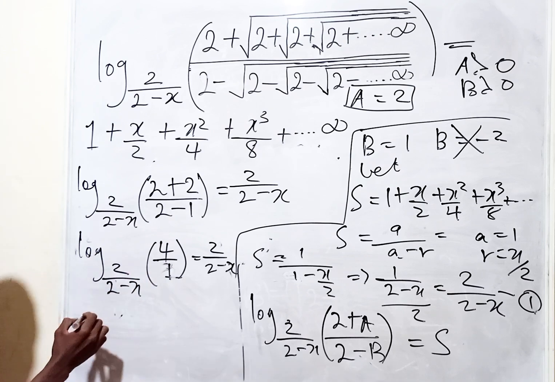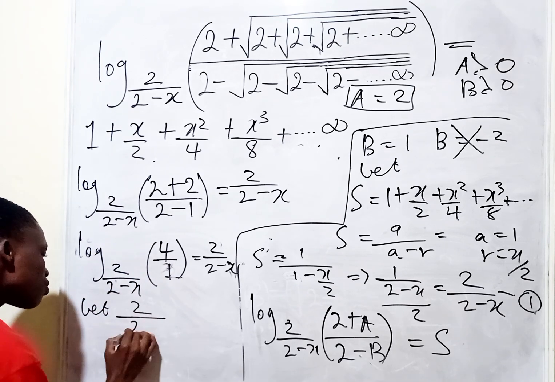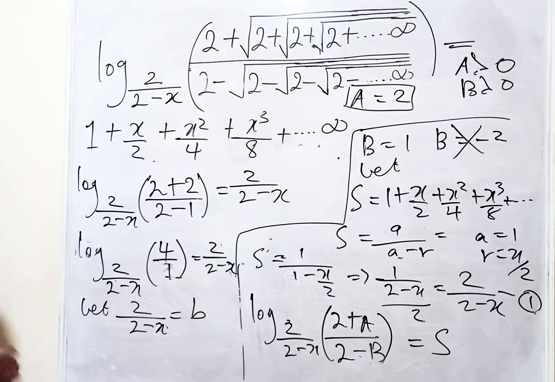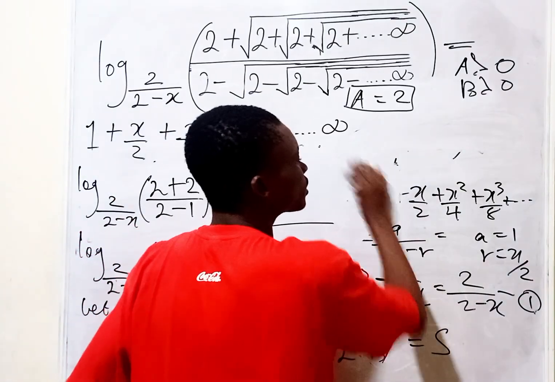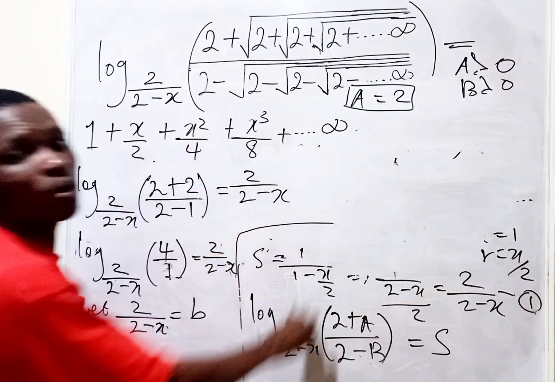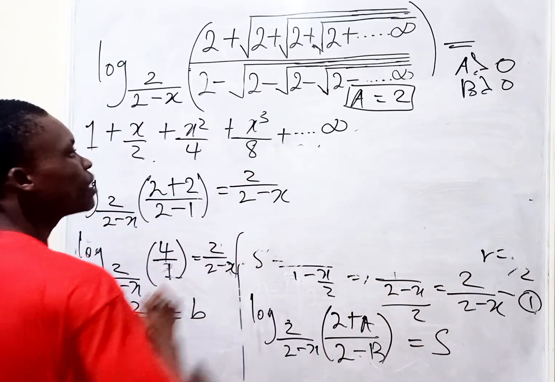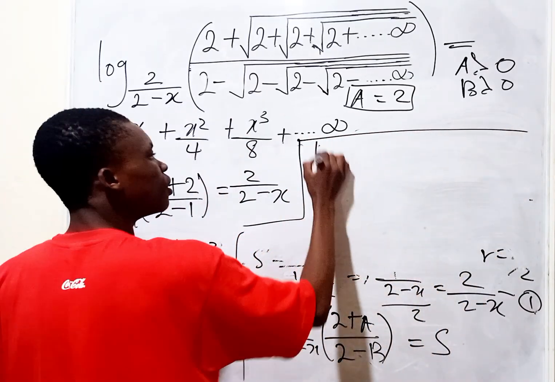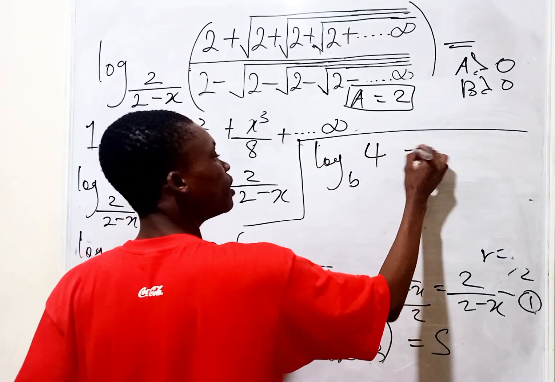So to finish this, let 2 all over 2 minus x, that is the base, equal a letter b. All right, so from here to solve this, we find out that log base b of 4 equals b.